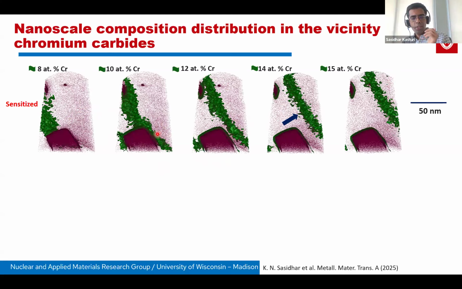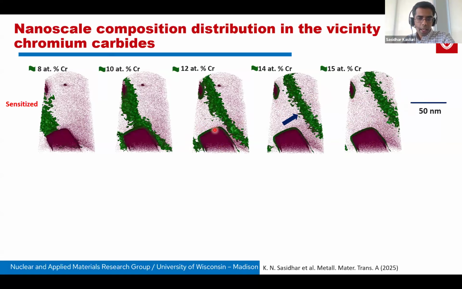It's very interesting to see planar features of these isoconcentration surfaces. It represents a classical diffusion profile that comes from diffusion-induced nucleation and growth of the carbide precipitates. As you come closer to the carbide, the chromium content decreases in a very uniform fashion.